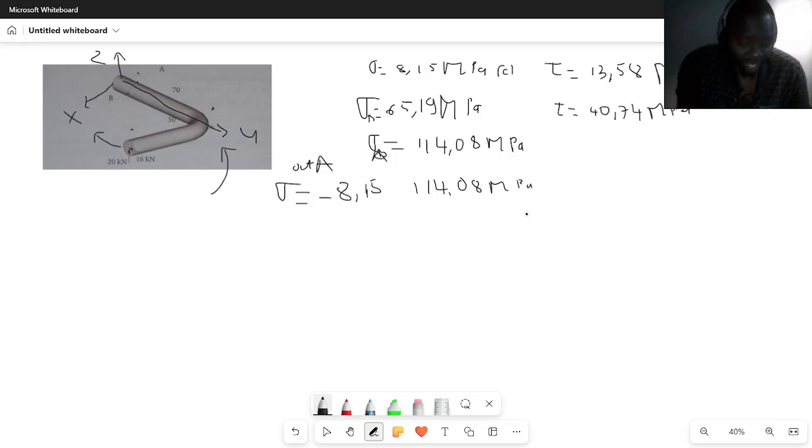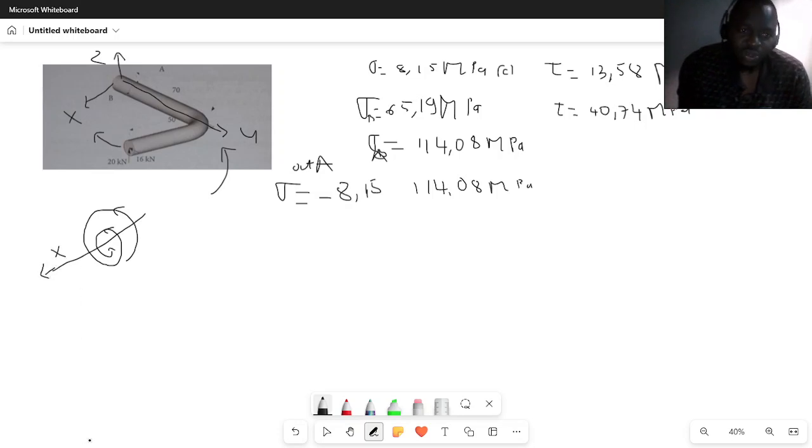megapascal. Now this is where we got our debate, Mr. Kotso. Our debate is: is this one negative or positive? We came across, we say that this will bend like this, around the x-axis.